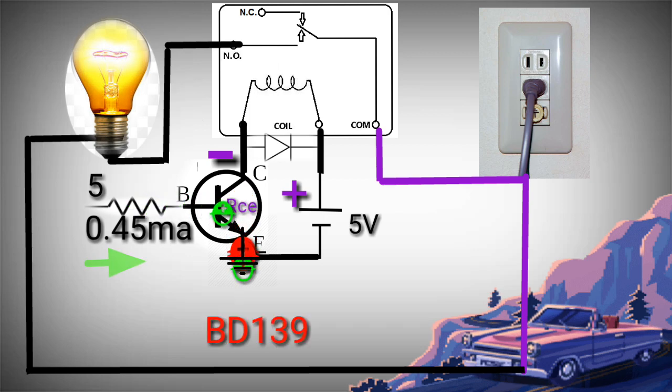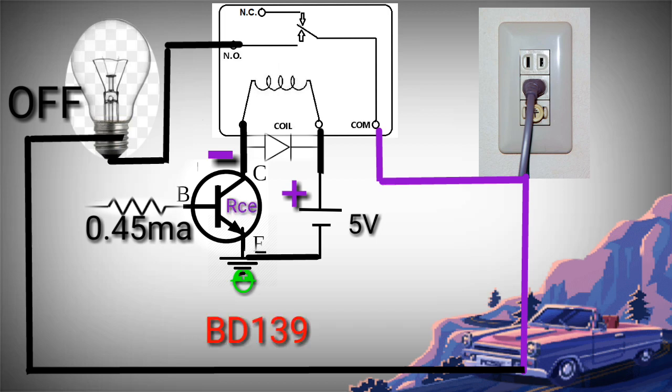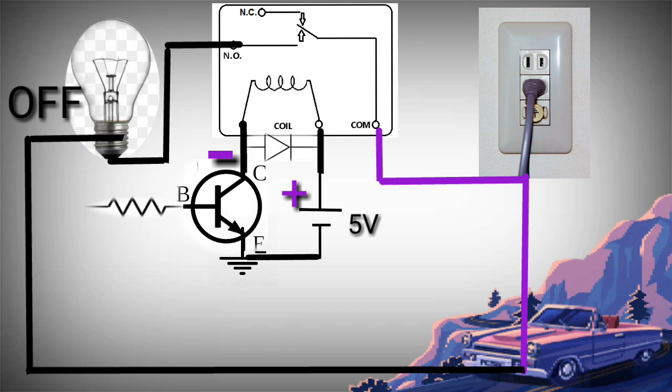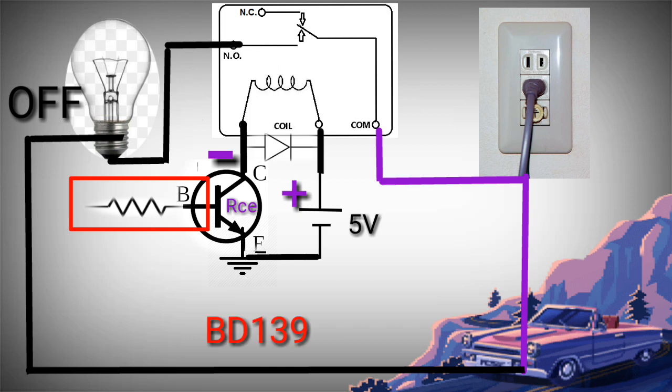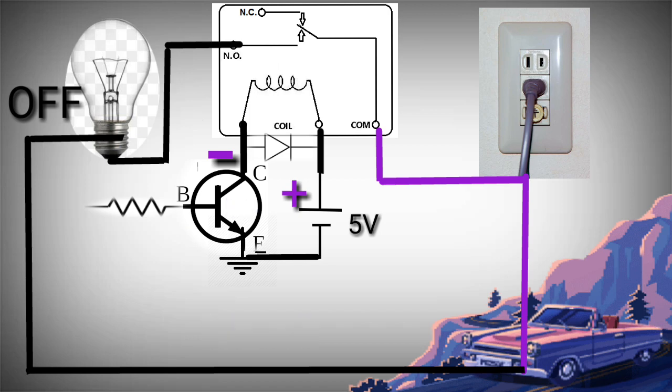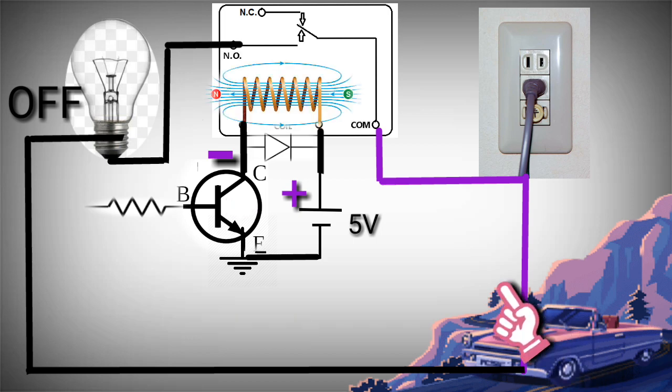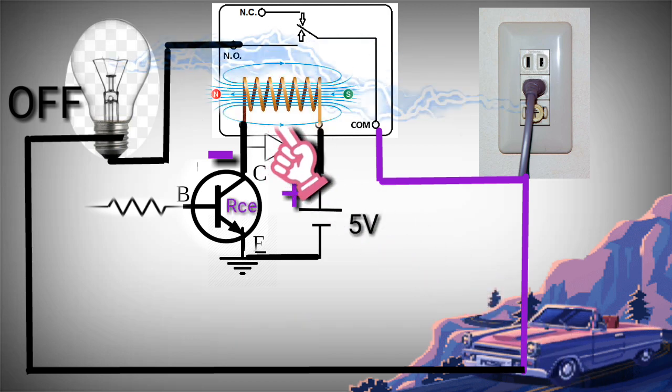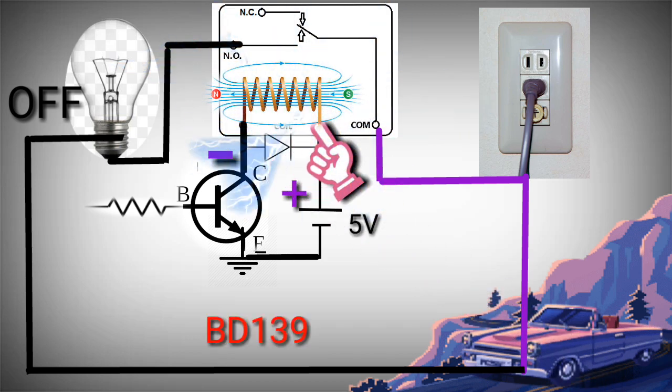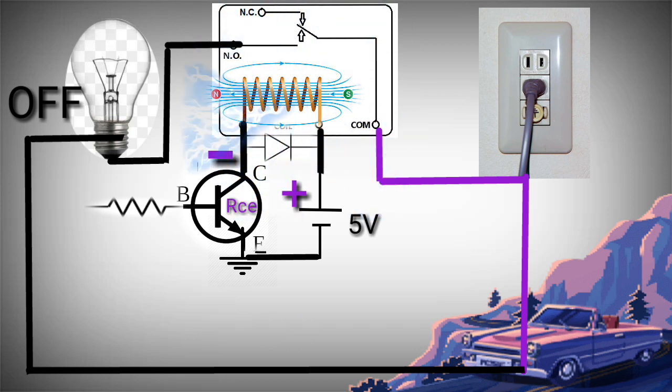So, let's turn off the circuit. Now, we have no voltage injected to the base of the transistor. The inductor begins inducing high voltage from the internal of the relay switch circuit. Now, you can see the magnetic field expanded and the current direction is the opposite of the battery.